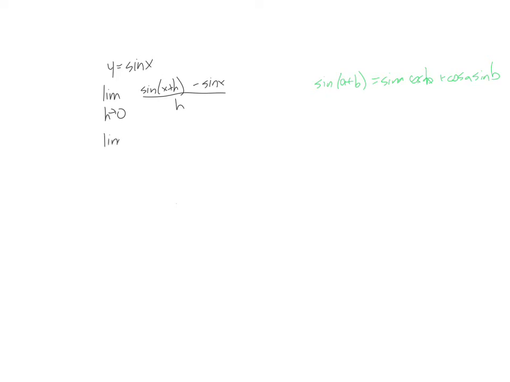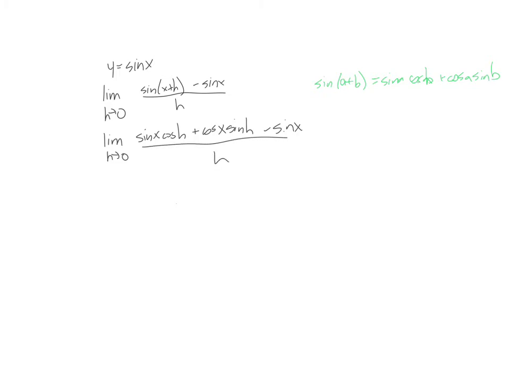So let's expand that out. That would be sine x times cos h plus cos x sine h, and then we'd have minus our sine x still from the original part, all over h. That looks pretty good so far.